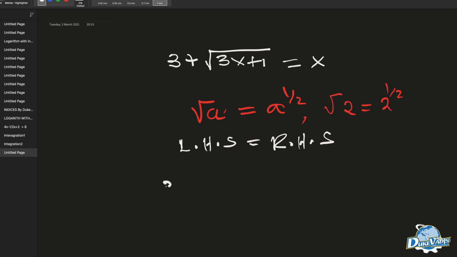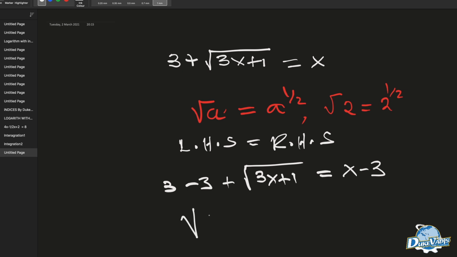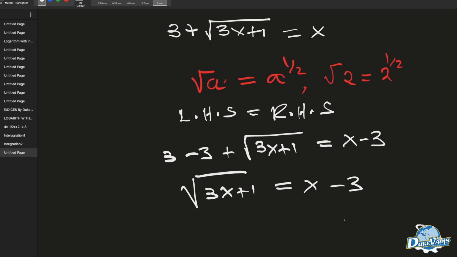So our equation will be 3 minus 3 plus the square root of 3x plus 1 is equal to x minus 3. In a nutshell, our equation will be the square root of 3x plus 1 is equal to x minus 3. All right?